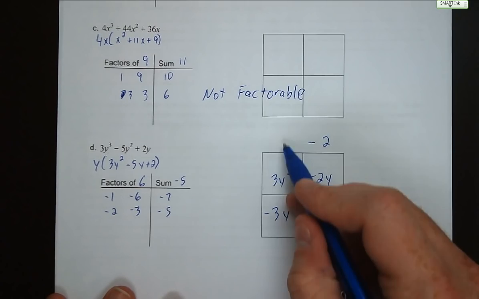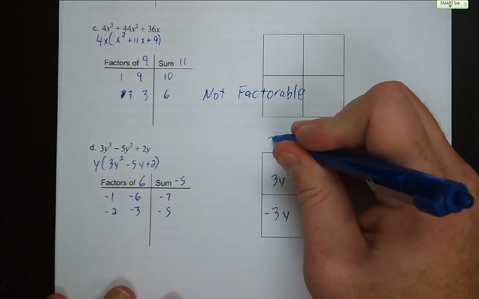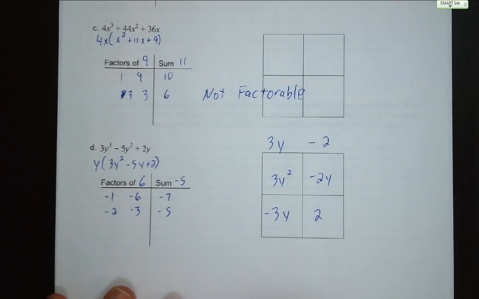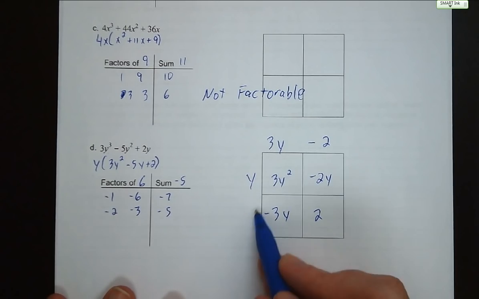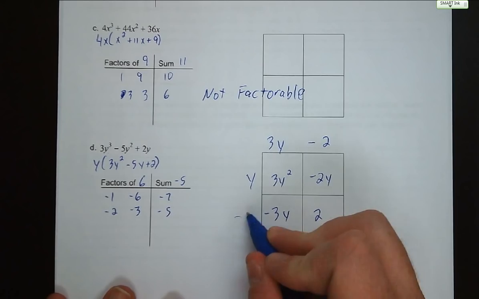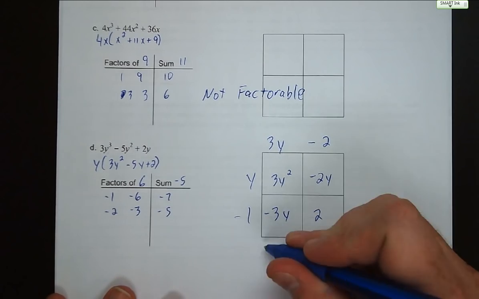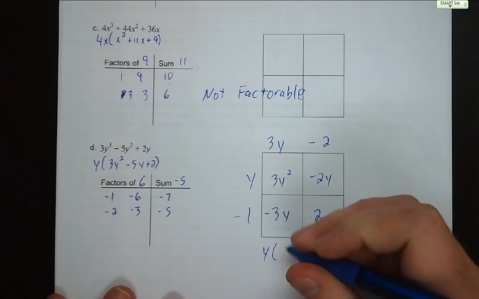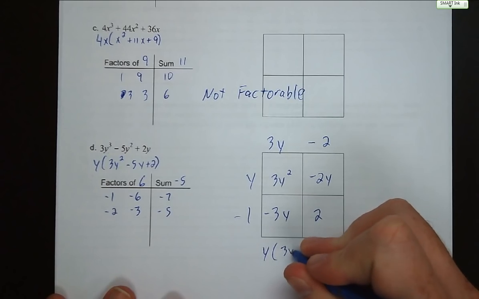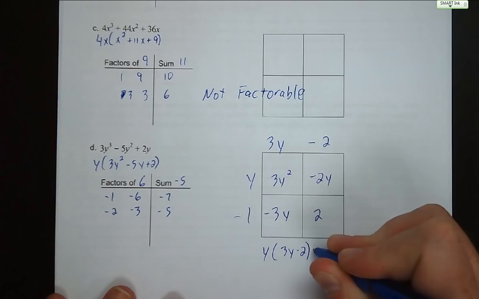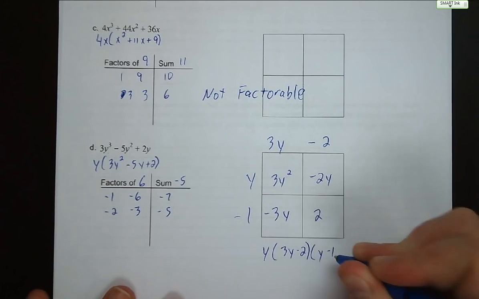Common factors here, 3 and y. Common factors in the top row are just y. And common factors in our bottom row is negative 1. So our factored form is going to be y times (3y minus 2) times (y minus 1).